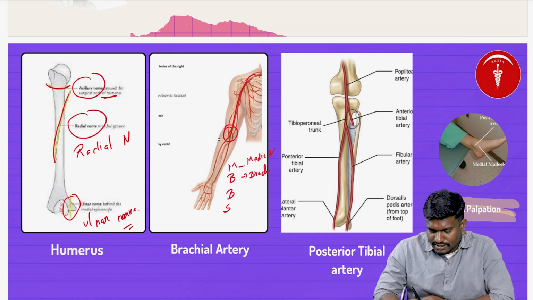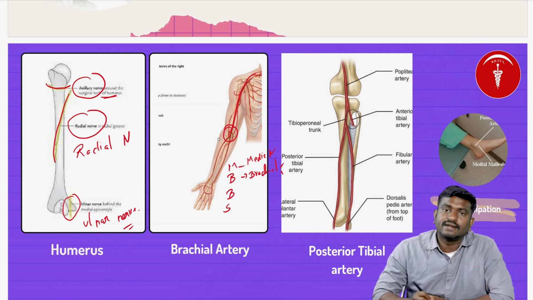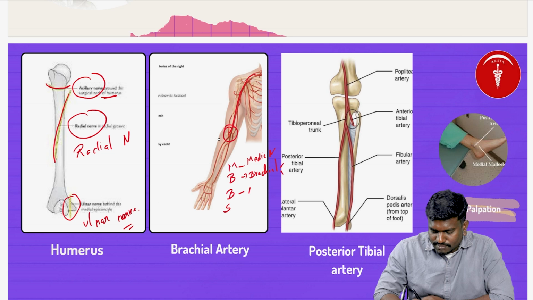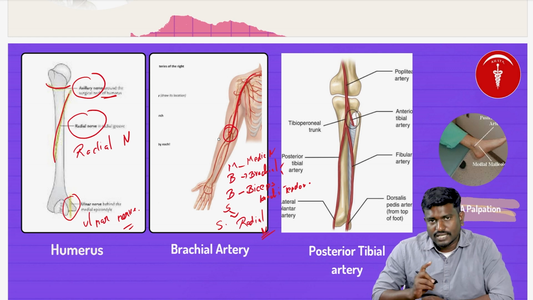It divides into the ulnar artery and the radial artery. Another B is going to be biceps brachii tendon. And then we have S is for superficial branch of the radial nerve. Very good. Please remember cubital fossa contents.